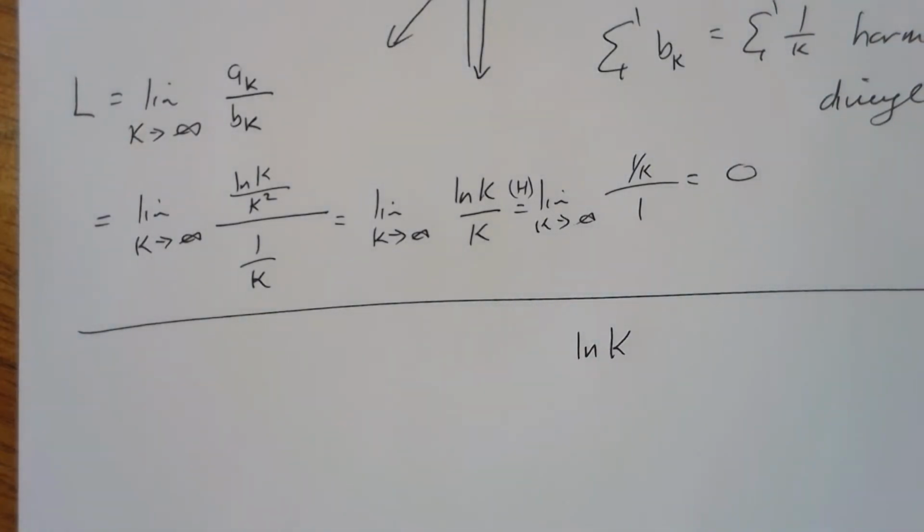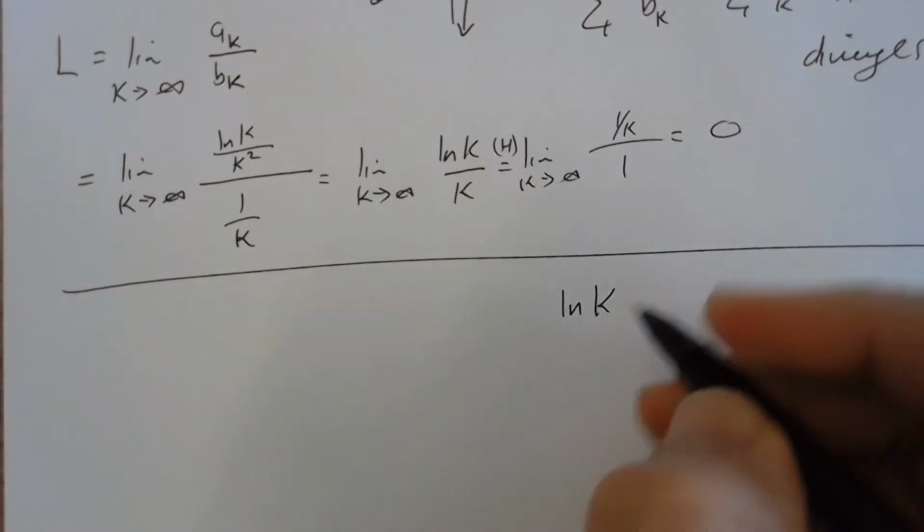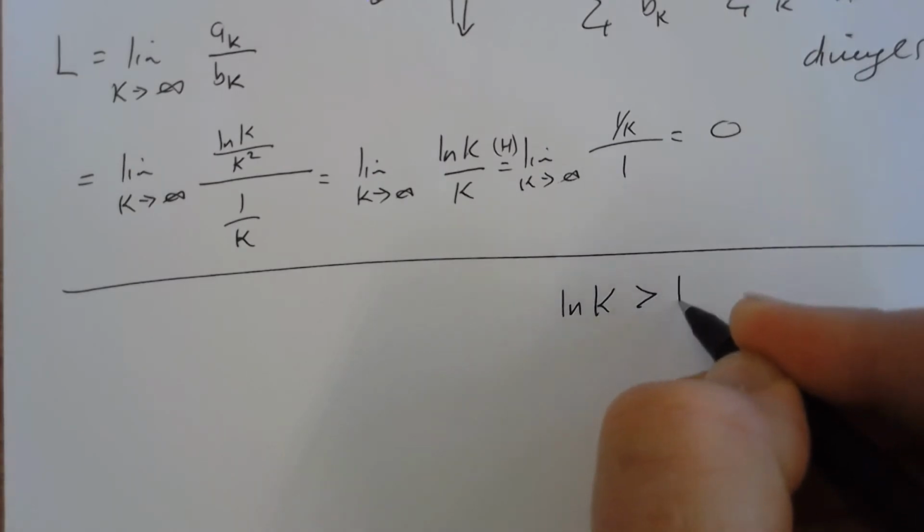Remember, the convergence of a series is determined by its infinite number of terms, and removing a finite number in the beginning of the series will not change whether that series converges or diverges. Again, it does change what it converges to, but we weren't asked what it converges to. We were just asked, does it converge? So I know that this natural log of k, after a certain point, will always be larger than 1.